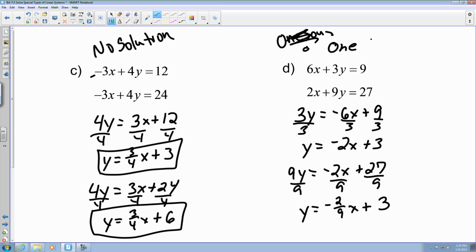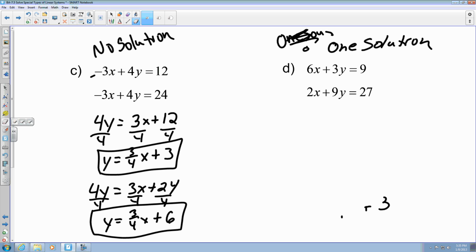One solution. And let's find out what that solution is. So if I erase that, again, I'm going to use the elimination method. I'm going to multiply this by negative 3.